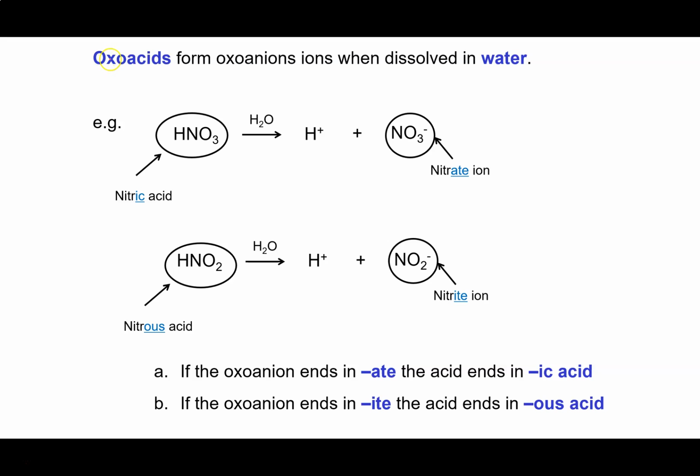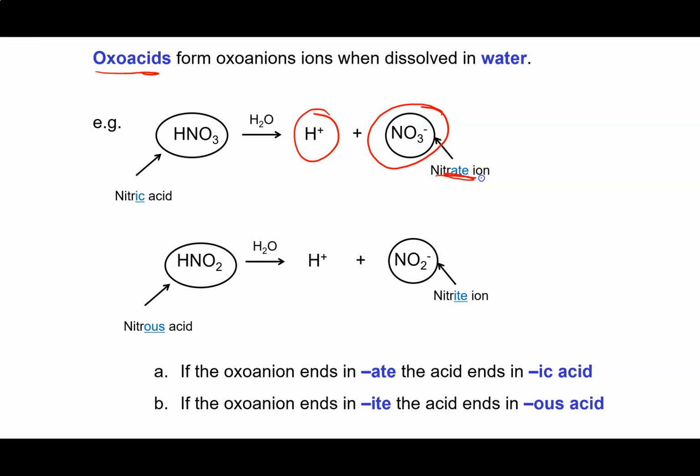When we have an oxoacid, we're going to have one of these oxo or oxy anions formed. So we're going to need a table of the names and formulas of these oxy or oxo anions. Here is an acid where we get one H+ and an NO3- anion forming. We begin by naming the anion.